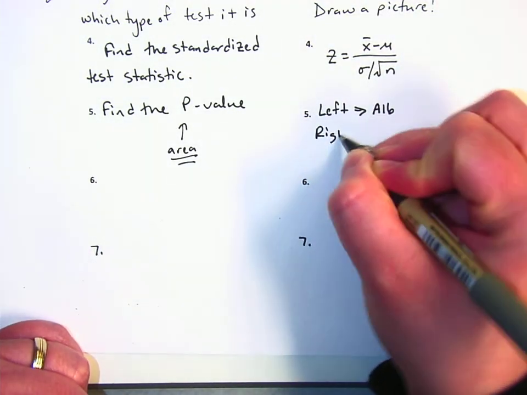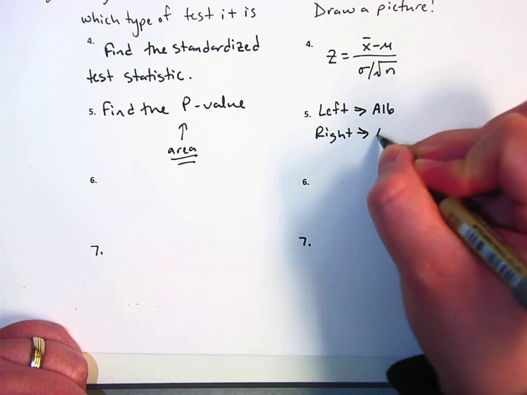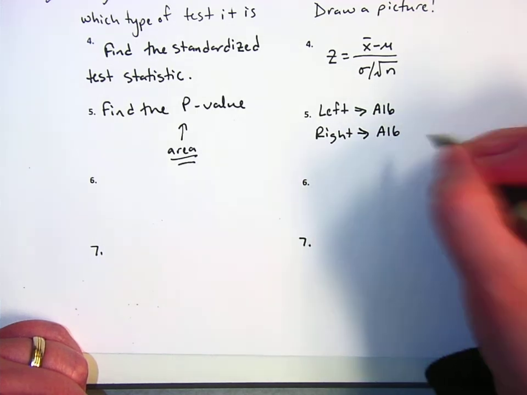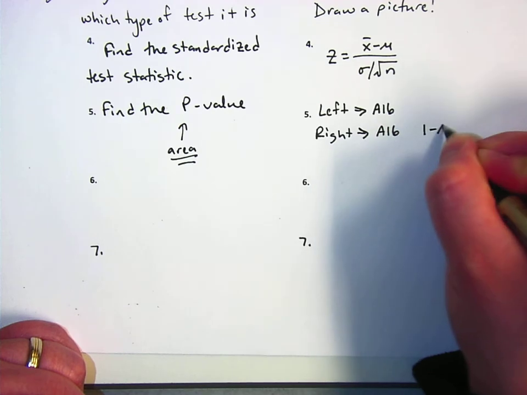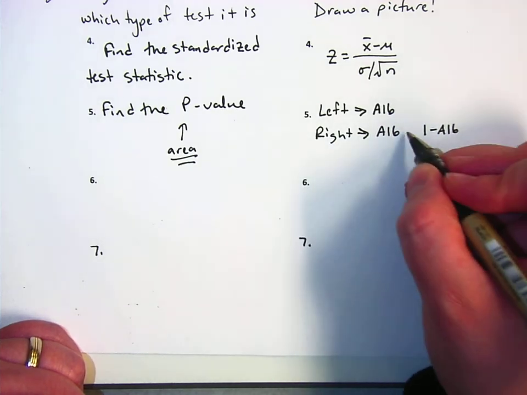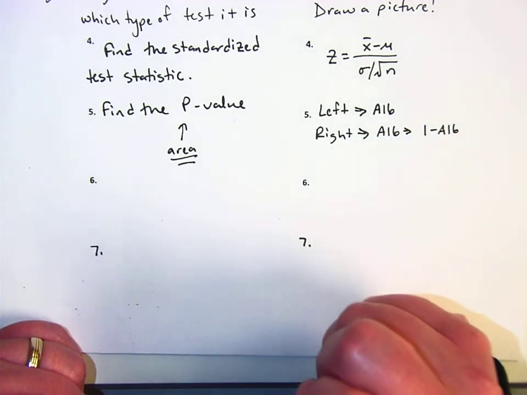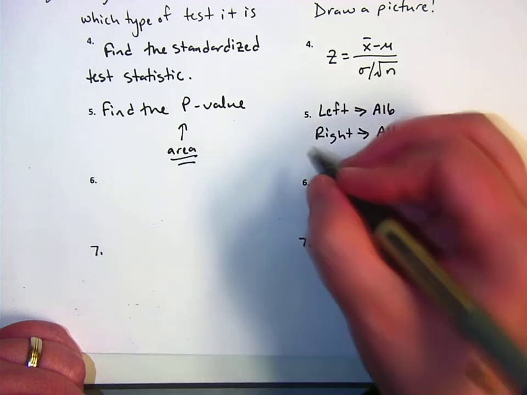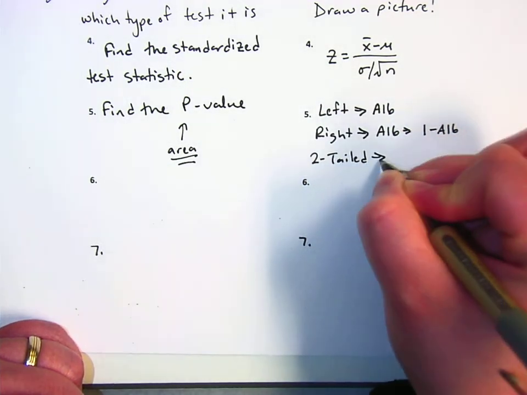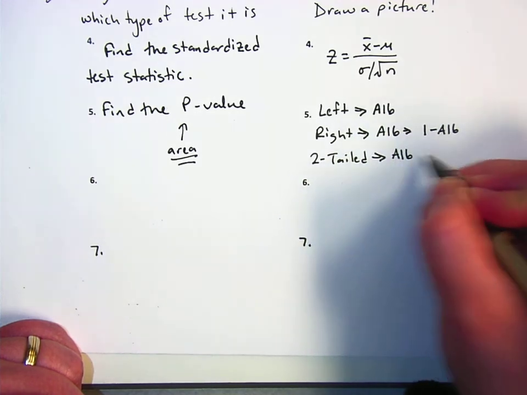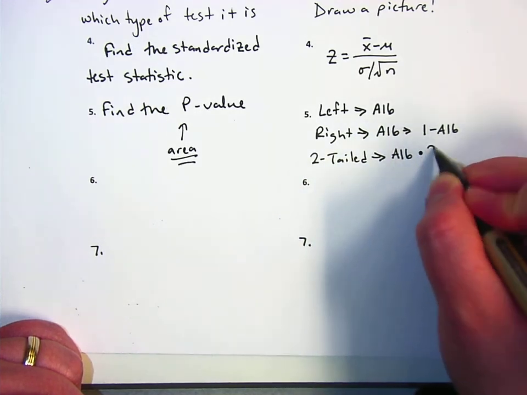If it's a right-tailed test, you're going to look the number up on A16 and then subtract it from 1. So it's going to be like 1 minus A16 is the final answer. A two-tailed test, you look up that value on A16 and then you multiply by 2.